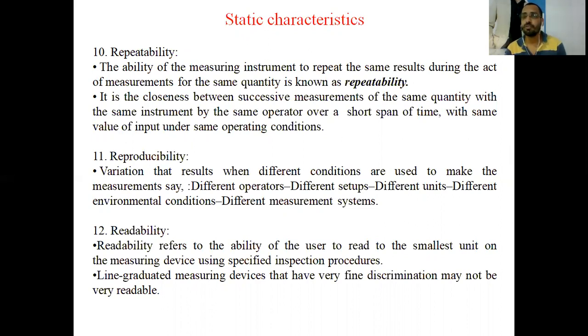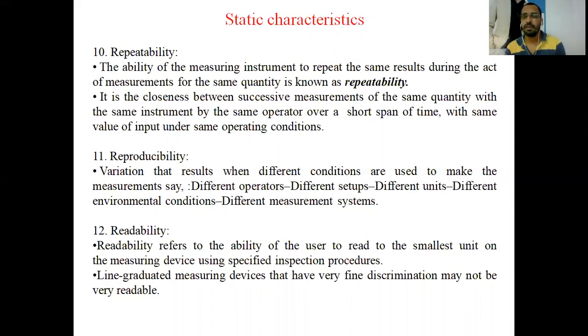Next is reproducibility. There is a slight difference between reproducibility and repeatability. In repeatability, all the things remain the same: the input, the machinery on which we are taking the measurement, the operator, and the operating condition. But in reproducibility, if we are measuring a quantity, then the conditions of measurement can change.